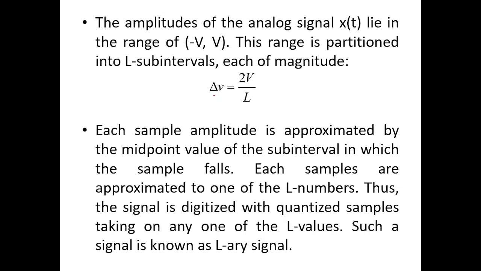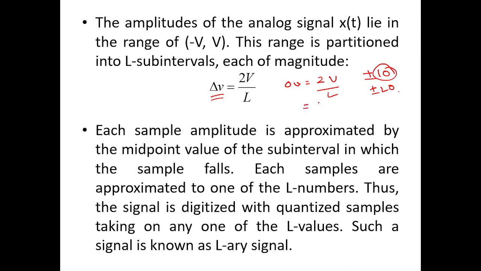Then how this delta V is being calculated. This delta V is being given by 2V divided by L. What is V? I told you that plus minus 10 volt, plus minus 20 volt. So this 10 would be coming. Say for example, we are working with a plus minus 10 volt system.